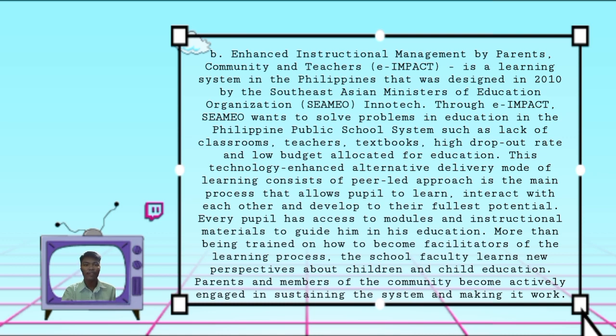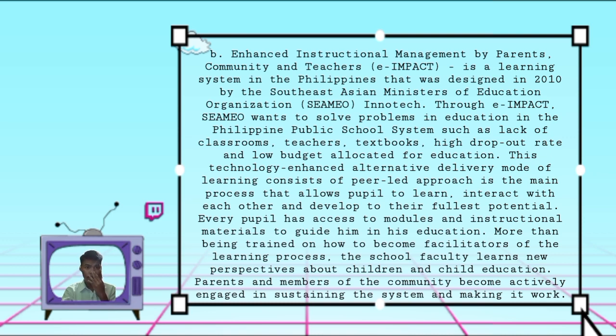This technology-enhanced alternative delivery mode of learning consists of the peer-led approach as the main process that allows pupils to learn, interact with each other, and develop their fullest potential. Every pupil has access to modules and instructional materials to guide him or her in their education, and pupils are trained on how to become facilitators of the learning process.